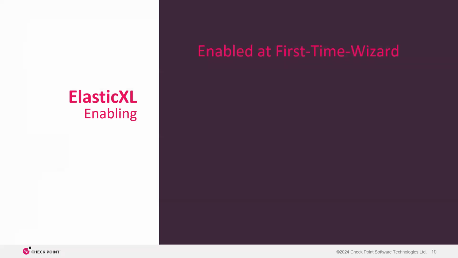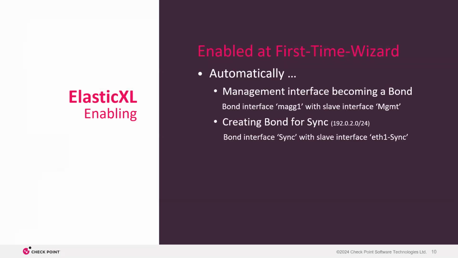So, digging into enabling it, it's basically done automatically. As you go through the first time wizard, you'll say, yes, I want to enable this as an ElasticXL cluster. It'll grab your first interface, generally the management interface, build a management aggregation port used as management, and then grab the second port or the sync port, depending on how the box is configured, and build that as your synchronization network.